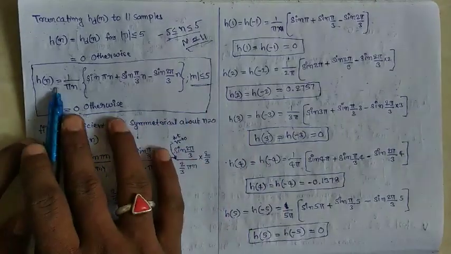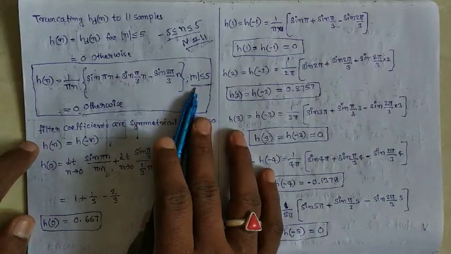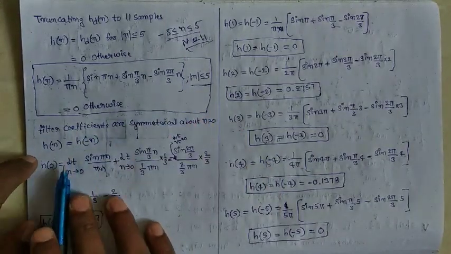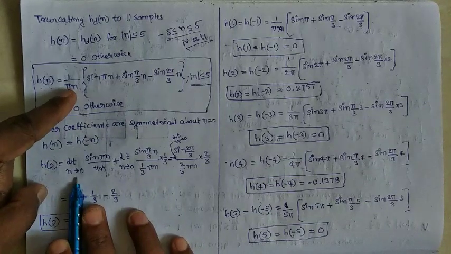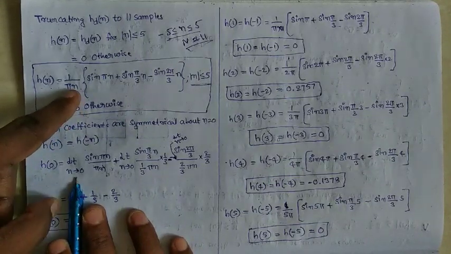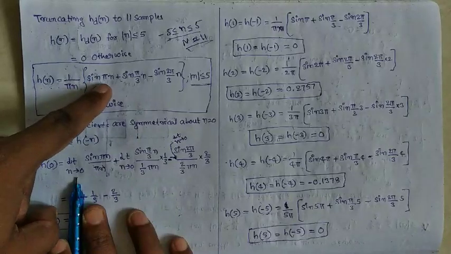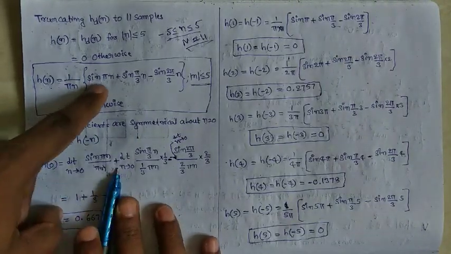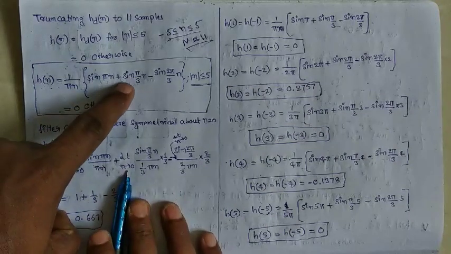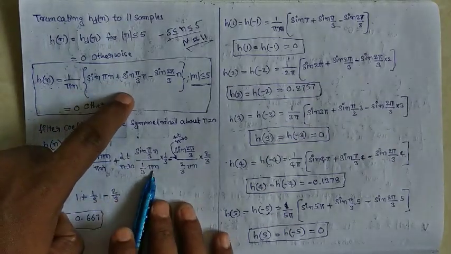First we are determining the h of 0 value, meaning n is equal to 0, so limit n tends to 0 of h of n. That is limit n tends to 0 of sin pi n by pi n, one term, plus limit n tends to 0 of sin pi by 3 n by pi n.